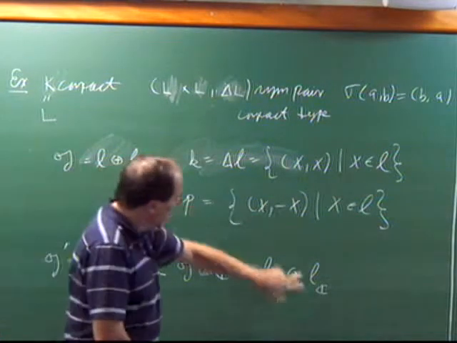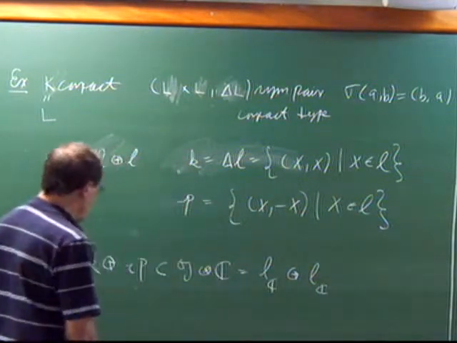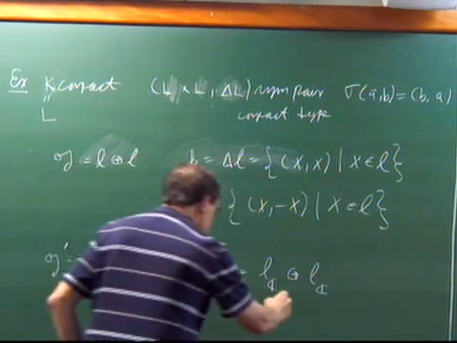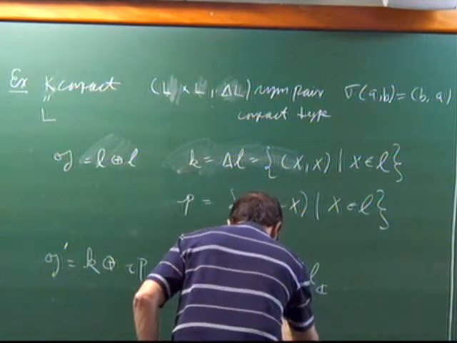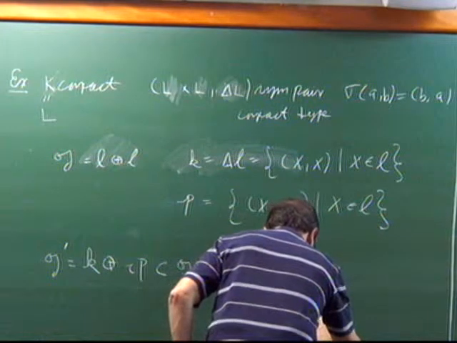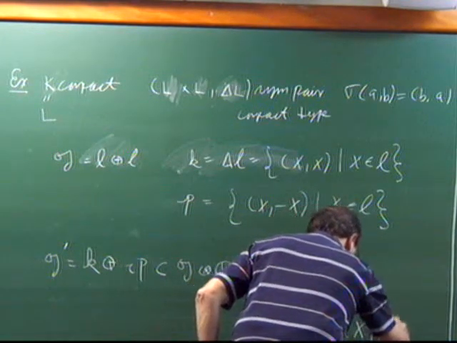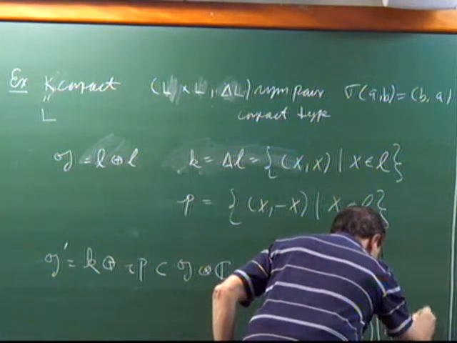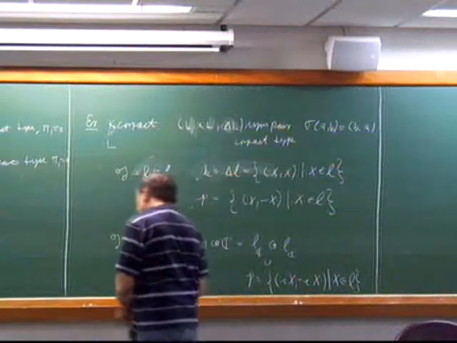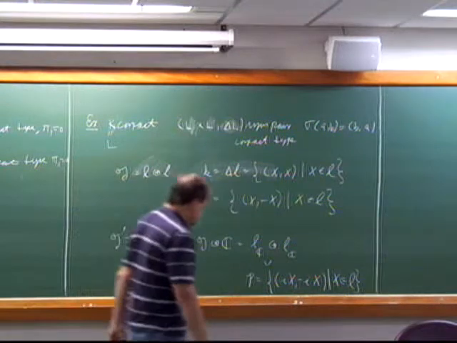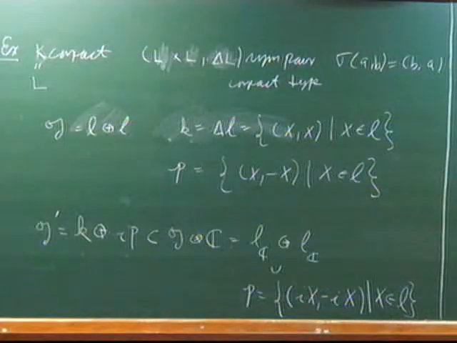So K is just diagonal here, and P inside here is then the set of all IX, minus IX, X in L. But I want to describe this in a different fashion so I can recognize what G prime is. Maybe I should write down the claim.